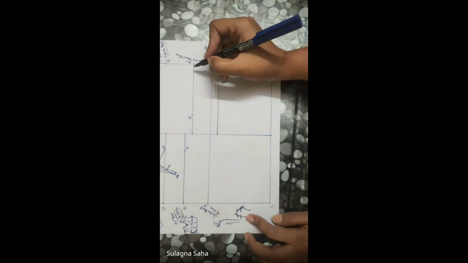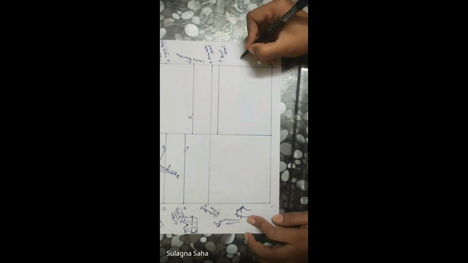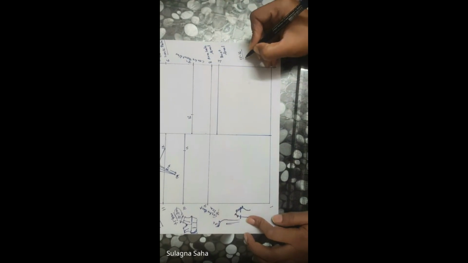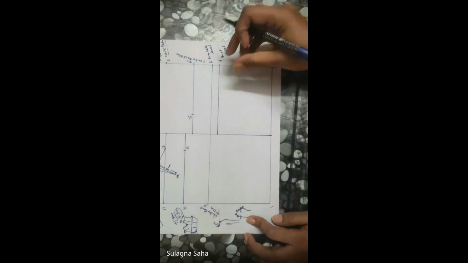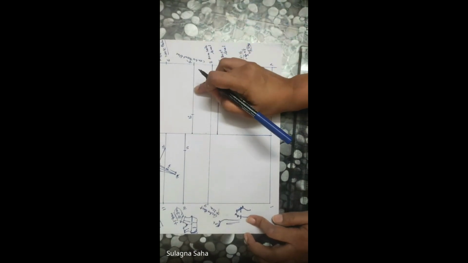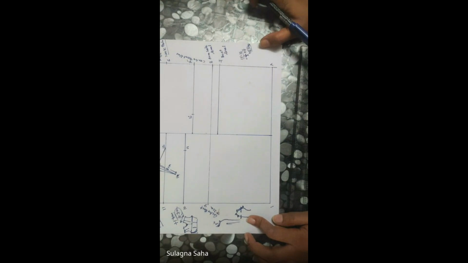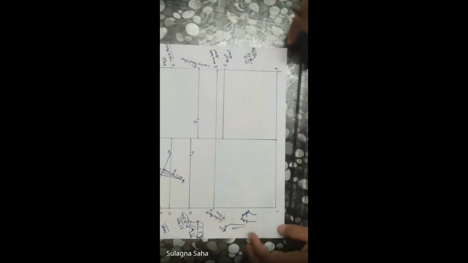So for this, our 15 to 16 length will be your half across front plus 2.2 centimeters. This 2.2 centimeter will be the dart intake at this level. Is this clear? Yes, ma'am.